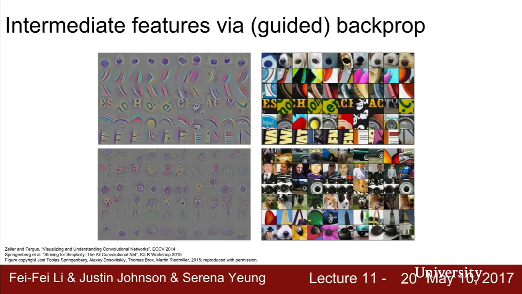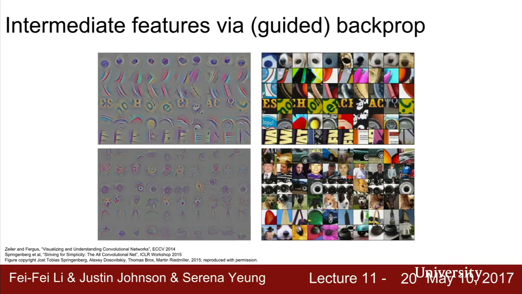Again, we're seeing the same visualization that we saw a few slides ago of the maximally activating patches for different neurons in this convolutional network. But now, in addition to visualizing these maximally activating patches, we have also performed guided backpropagation to tell us exactly which parts of these patches influence the score of that neuron.